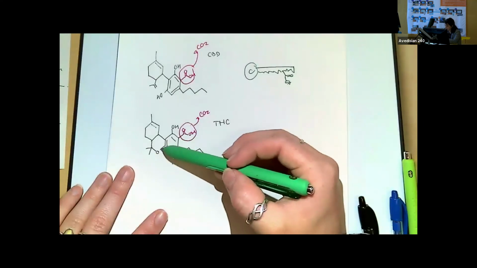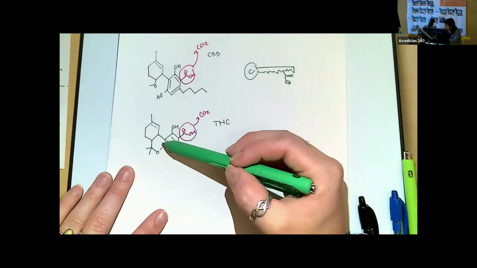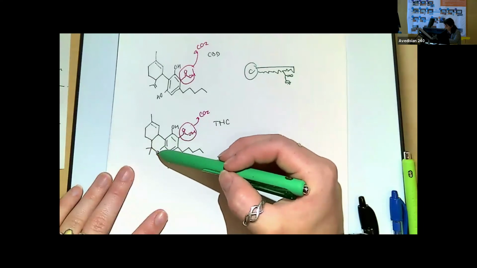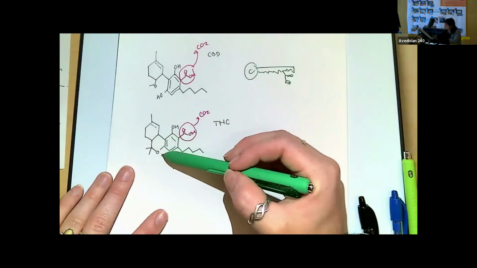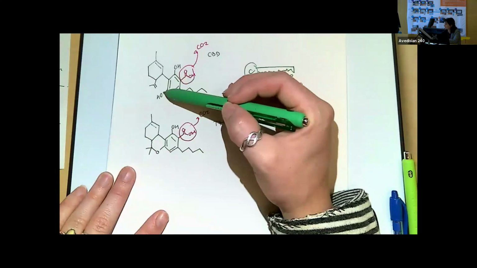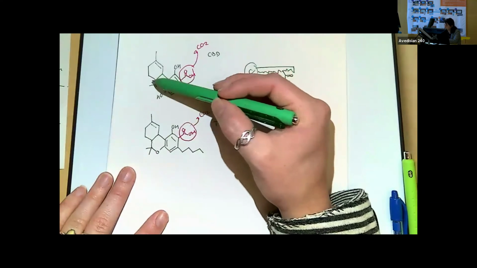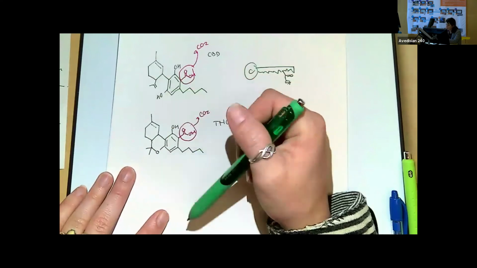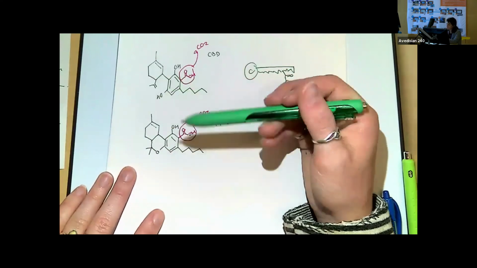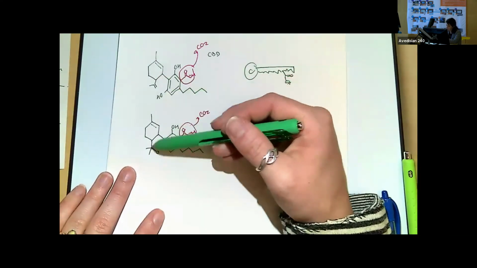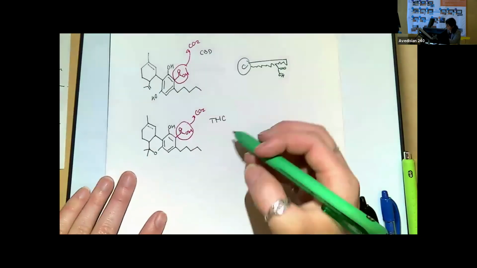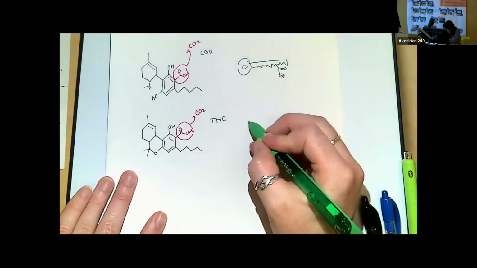THC has a ring structure in this position where the oxygen is incorporated into the ring, and CBD has a hydroxyl group, or this OH group here, which is not part of a ring. The rest of the molecule is identical, but remember, because this contains a cyclic group and this one doesn't, their keys are different.